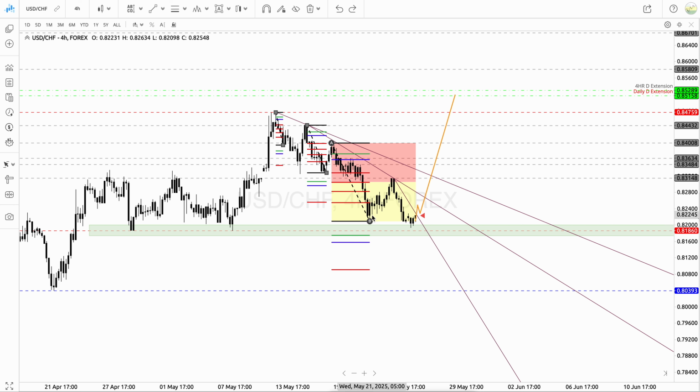We formed a low, price pulled back, and it hit the 50. So theoretically, the D extension should be at 809. Yeah, 809. But we got this strong level of daily support right here, right? So price could push up out of here based off of the past D extension that was hit, and not necessarily break down.